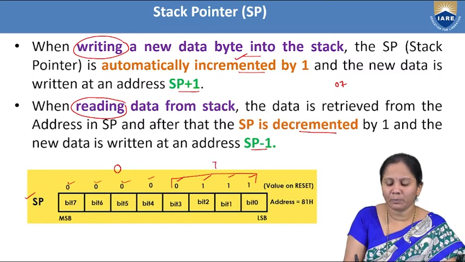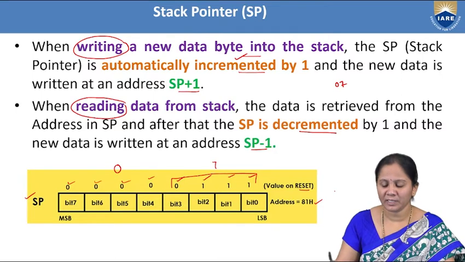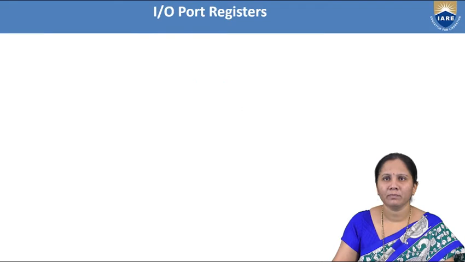So when this stack pointer is reset, it will hold a value 07, and it has a fixed address in the SFR address space, that is 81H. So that is what we have about the pointer registers.